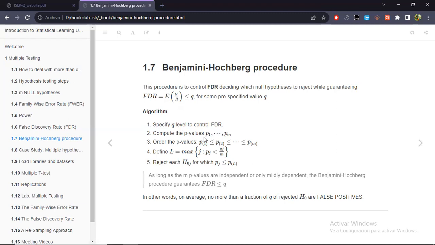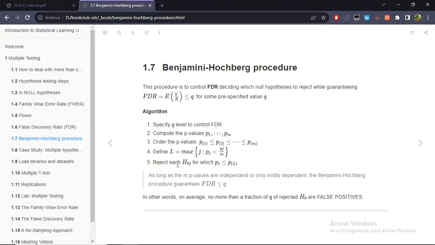And then, as in the previous algorithm, we order them. So this p sub 1 in parentheses is potentially different than this one. They are simply different indices for them. And now we find a specific index as the greatest among them such that this inequality holds.